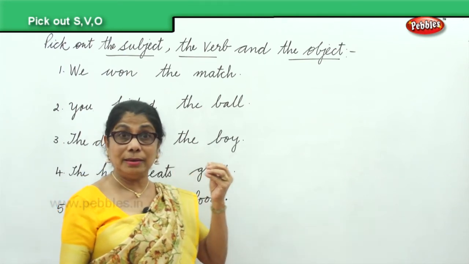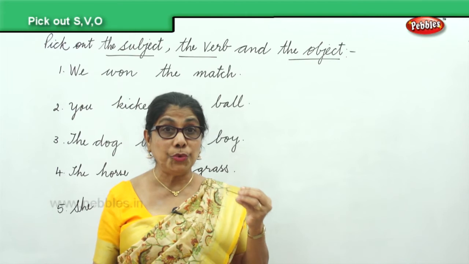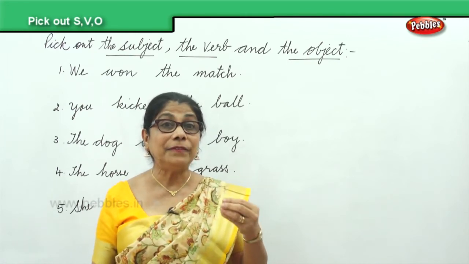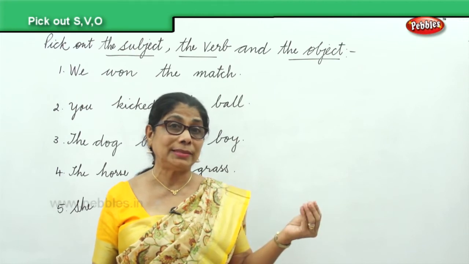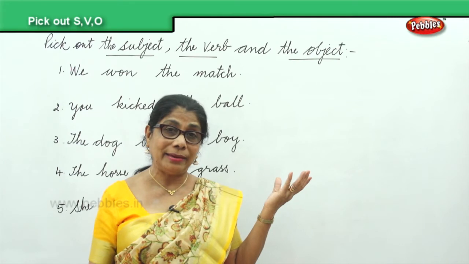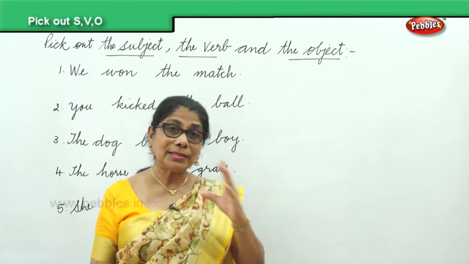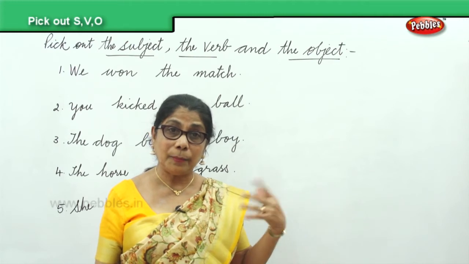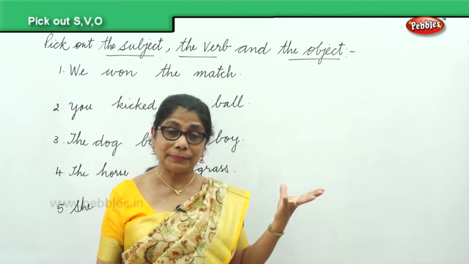As we learned earlier, the subject normally begins the sentence. The verb follows the subject. And finally, at the end, you will find the object. What has the subject done to the object, with the picking or breaking or kicking, whatever it is?